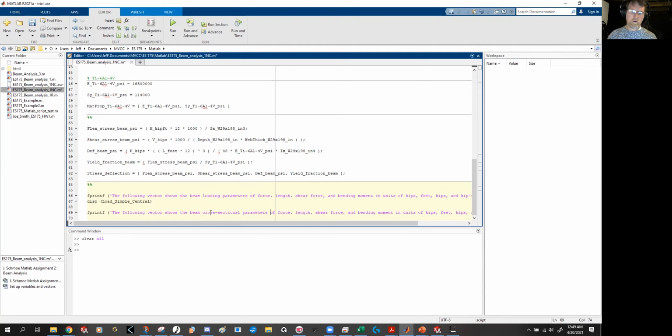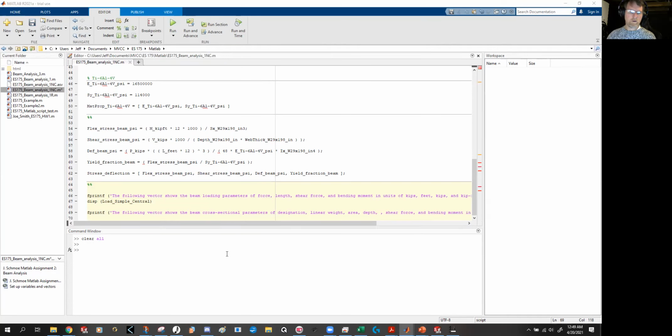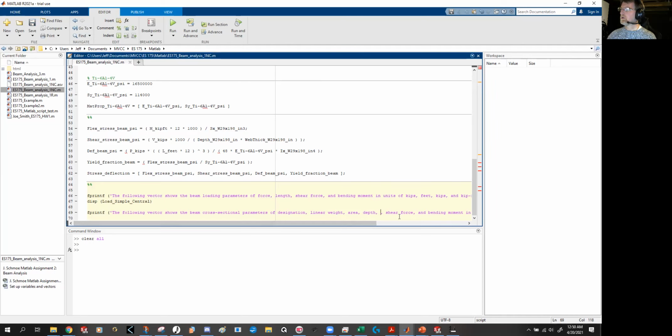Of designation, linear weight, area, depth, web thickness.